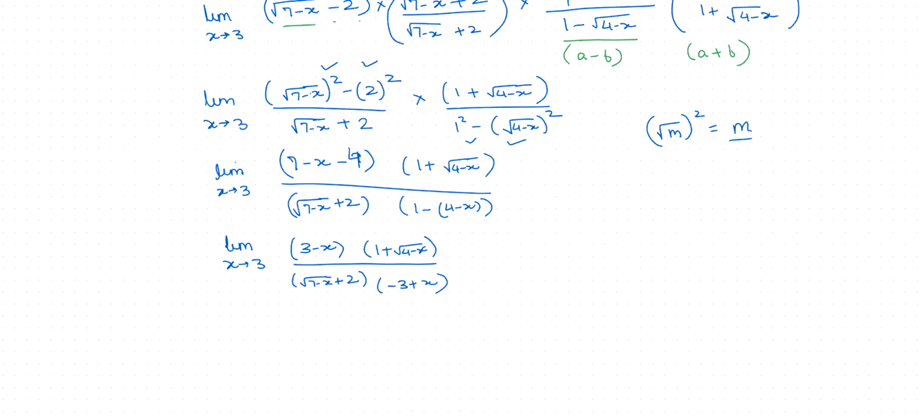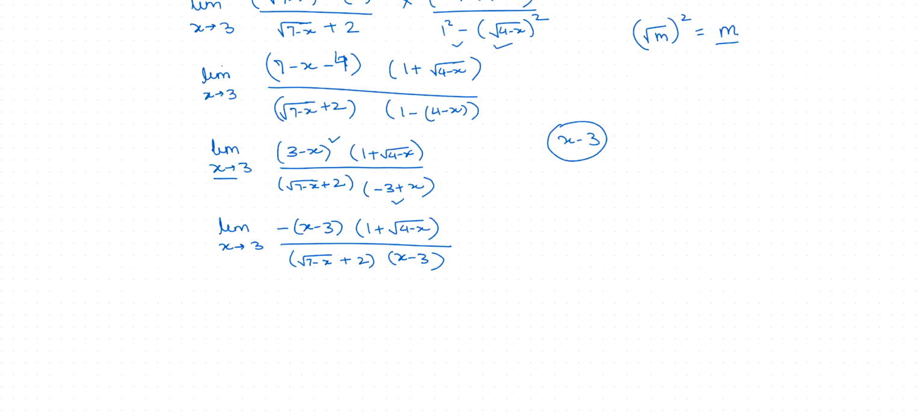In simplifying, we now get 3 minus x in the numerator and minus 3 plus x in the denominator. Because x tends to 3, this factor x minus 3 was what was making it indeterminate. Now we see that it can be cancelled out on simplification.